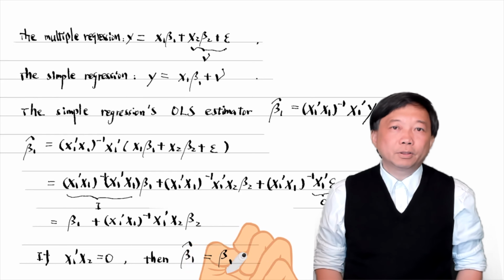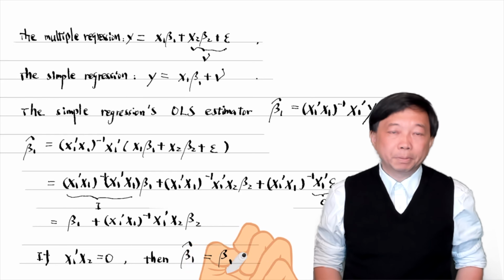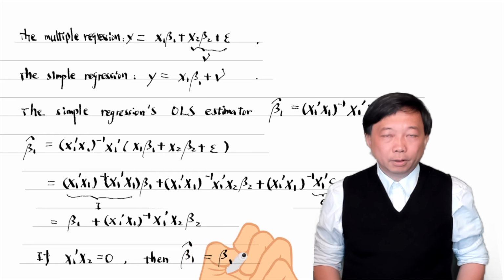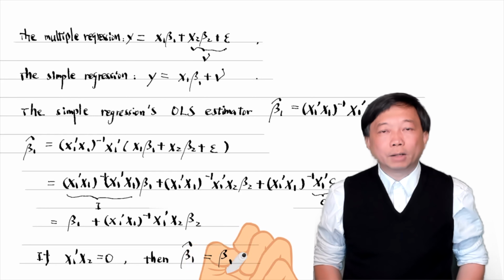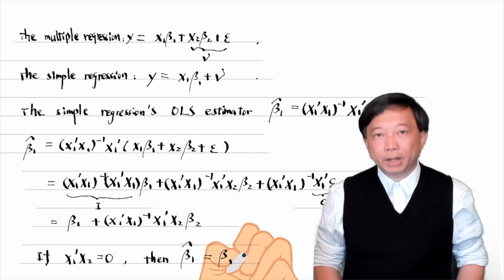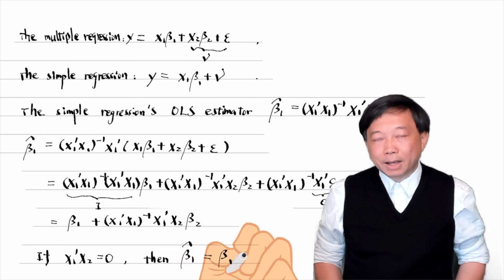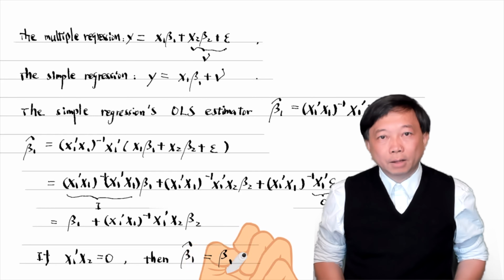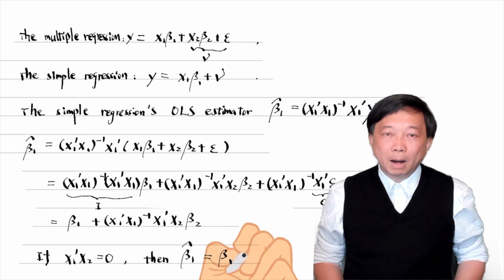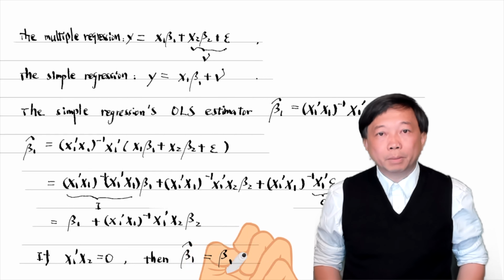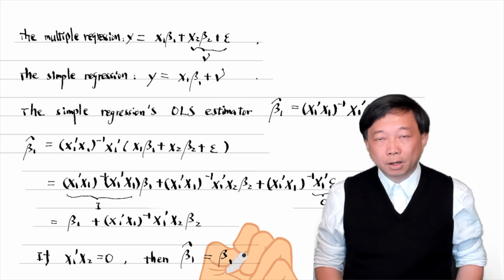Now we can answer the question at the beginning of this topic. Only if the explanatory variables x1 and x2 are not correlated with each other will the OLS estimator beta 1 hat from the multiple regression be the same as that from a simple regression of y on only x1.